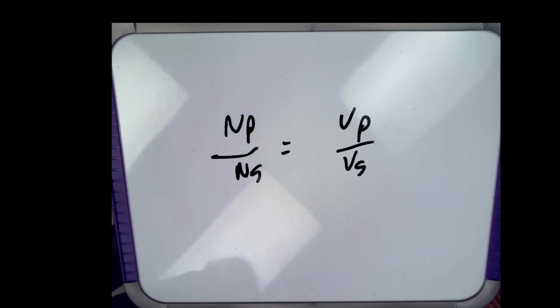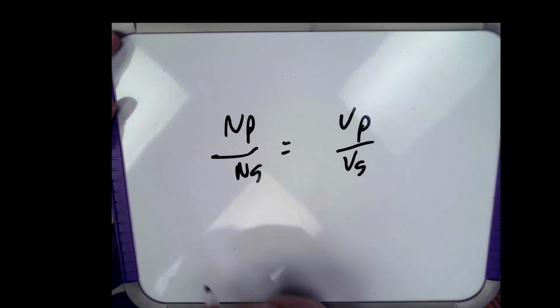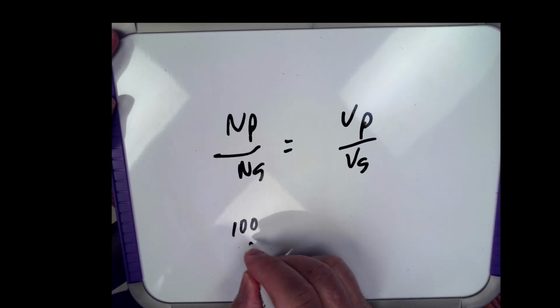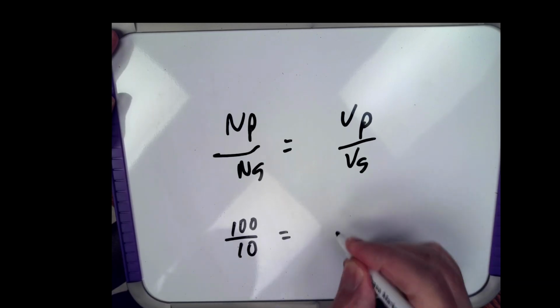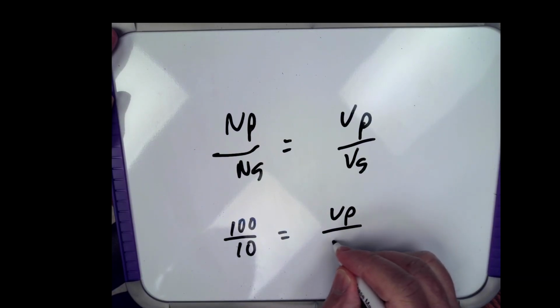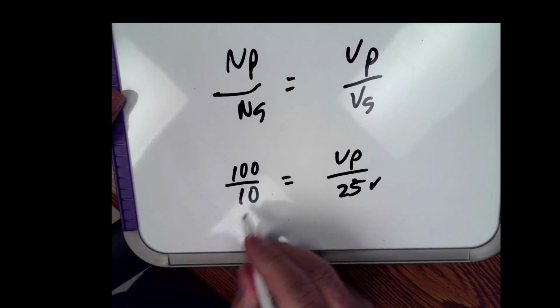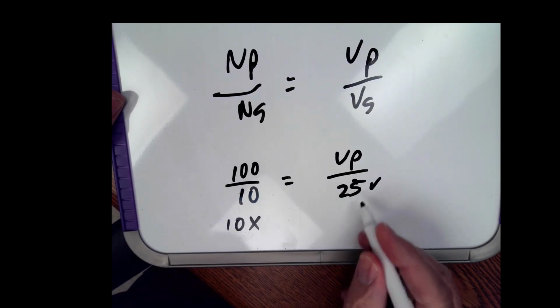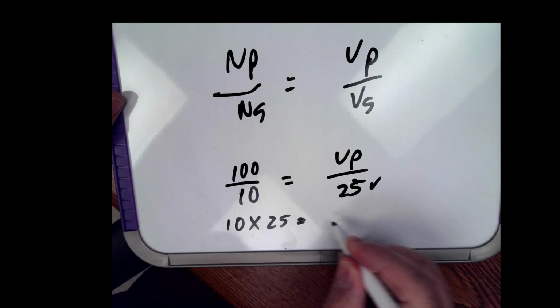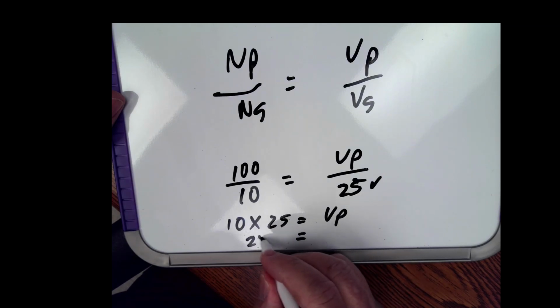So in this week's homework, there will be a bunch of problems where you'll be given one of these or the other. So let's say we know it's 100 to 10, and we don't know what VP is, but we know the secondary voltage is 25 volts. We can solve this by saying 100 divided by 10 is 10 times 25 is going to equal VP, which will then equal 250.